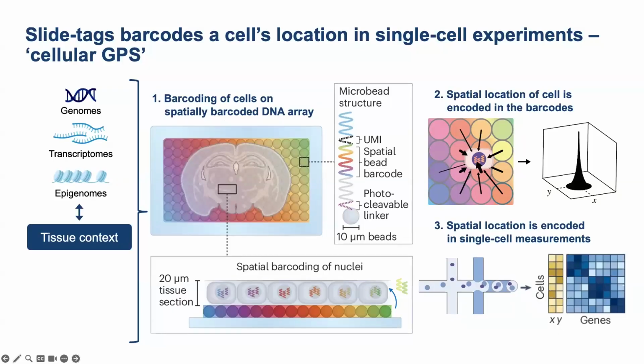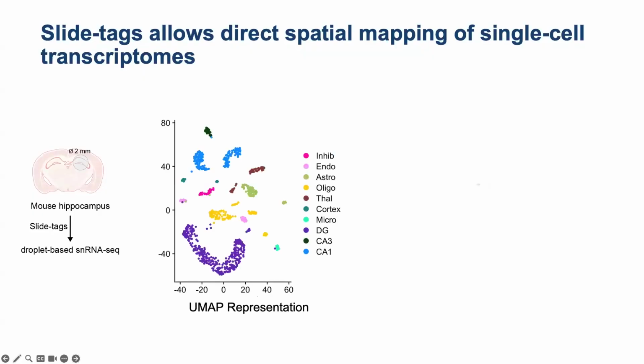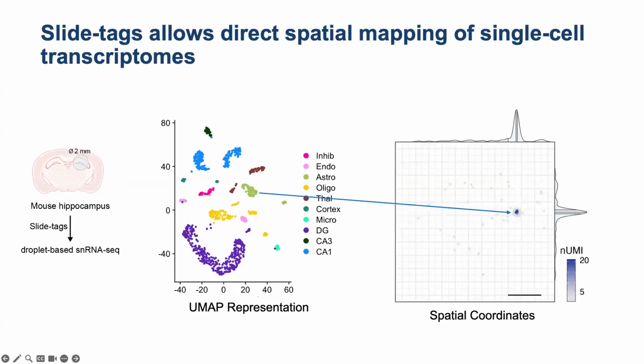And so what does that data actually look like? This is one of the first Slide-tags experiments we did in the mouse hippocampus. Here is a UMAP representation of different types of cells where each dot represents a single cell and the clusters represent the principal cell types. But if you look at this green cell, here are the spatial barcodes it picked up in spatial coordinates, and you can see that it picked up this little cluster of barcodes at maybe x equals 1,000 and y equals something.